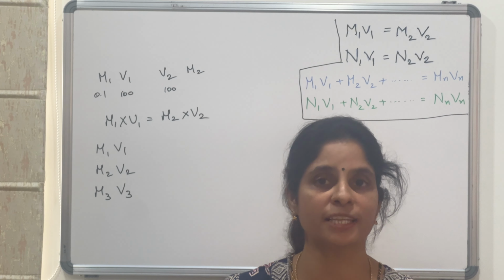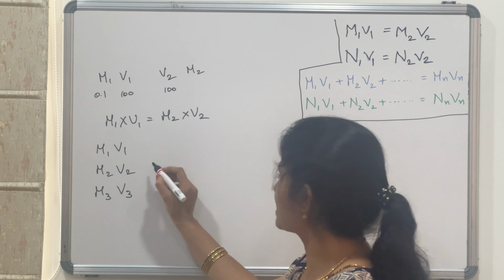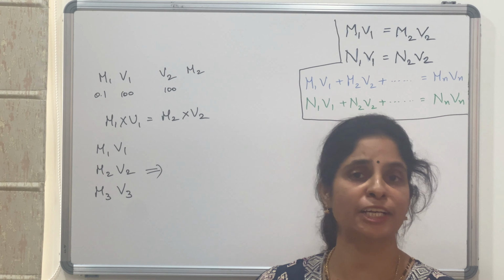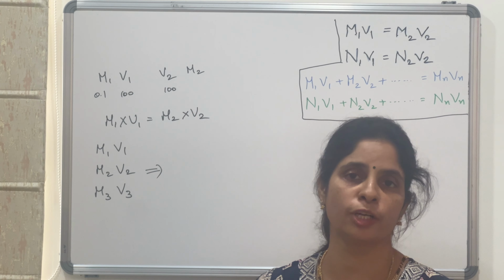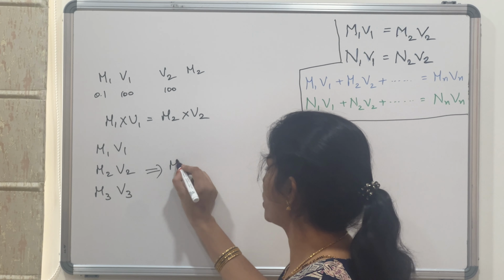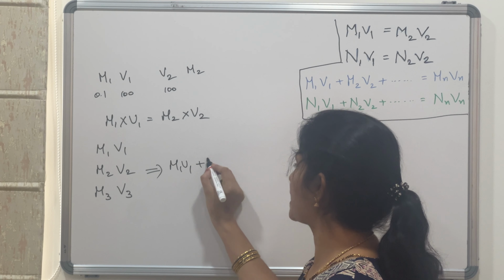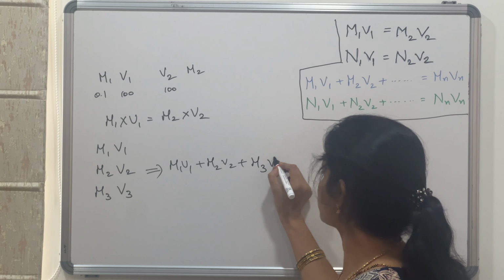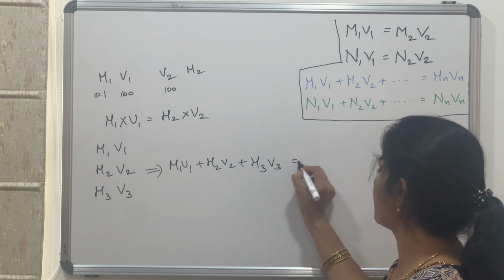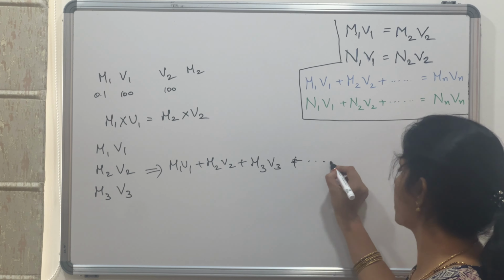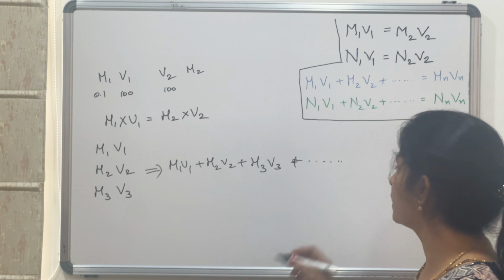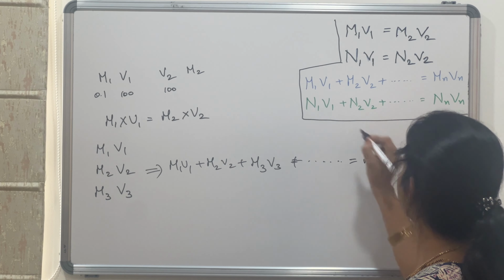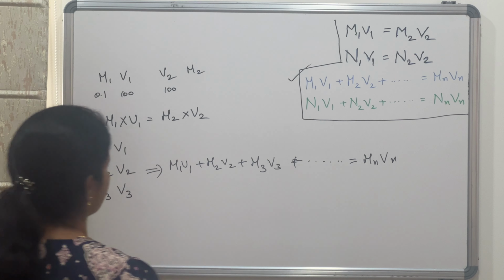If you mix all these solutions, the resultant molarity and the resultant volume will be given by the equation M1V1 plus M2V2 plus M3V3 plus so on is equal to MNVN. That is the equation written here.